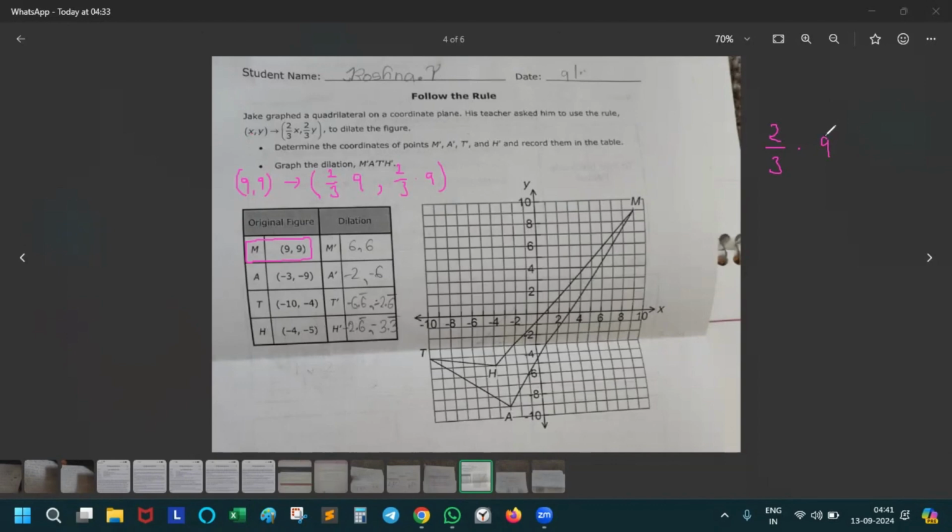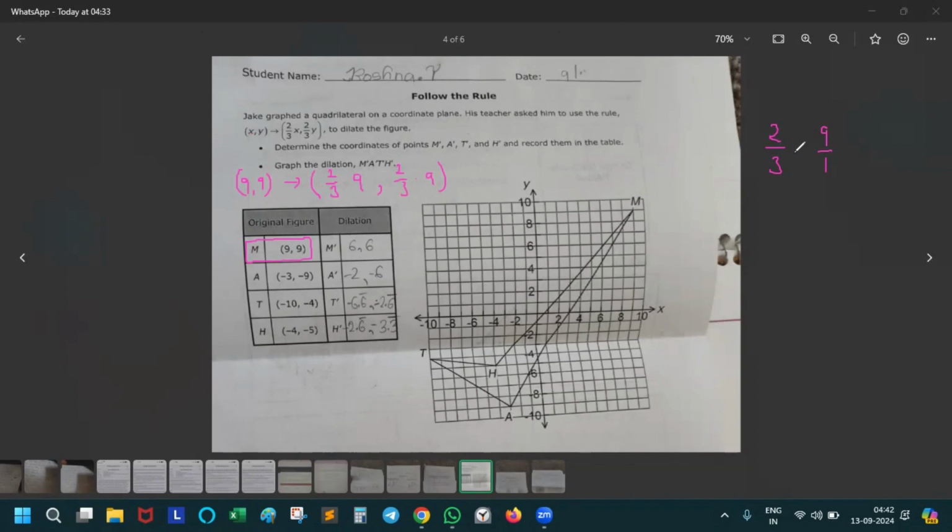Two nines. I'll give you a hint. You can think of 9 as a fraction, 9 over 1. Do you think that helps? Okay.